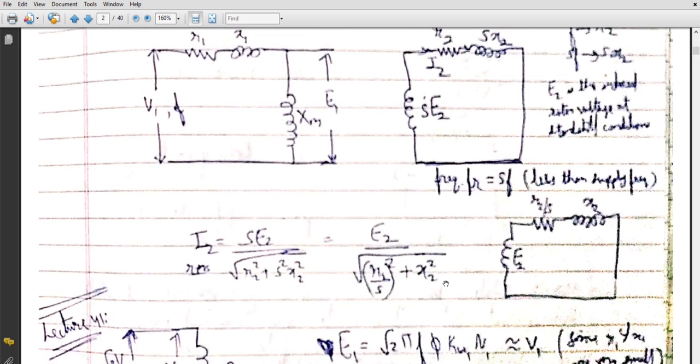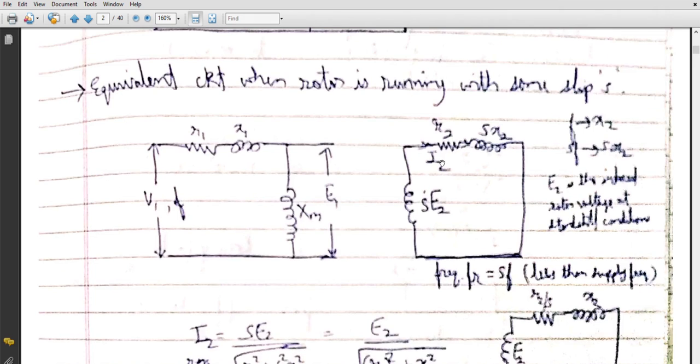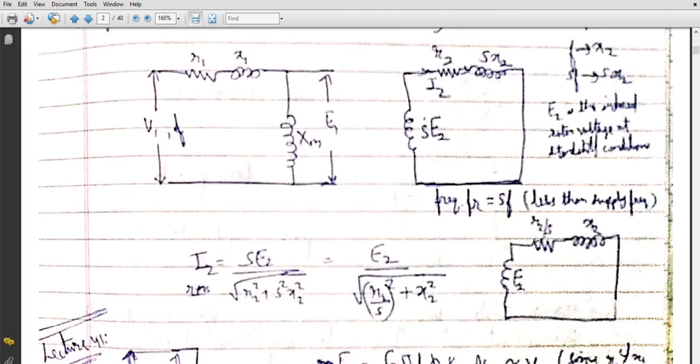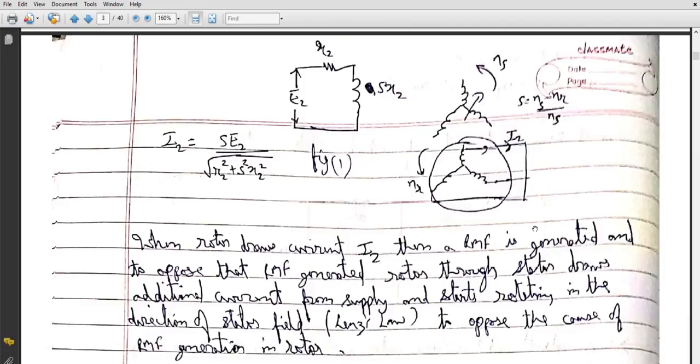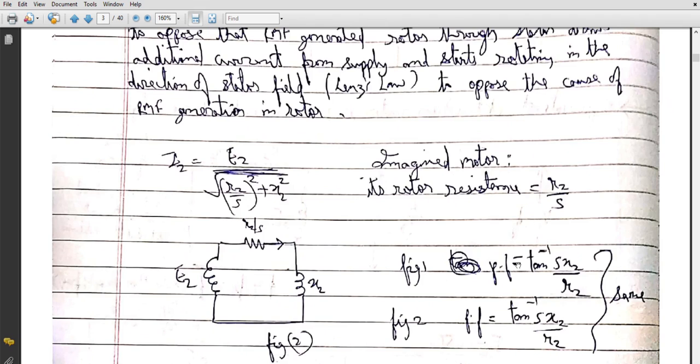What is the power factor for the original circuit? Tan inverse of s times x2 divided by r2. And for the imagined circuit, tan inverse of x2 divided by r2 by s. The s goes upward, so you can see that the power factor of these circuits is also the same. So another condition is satisfied.